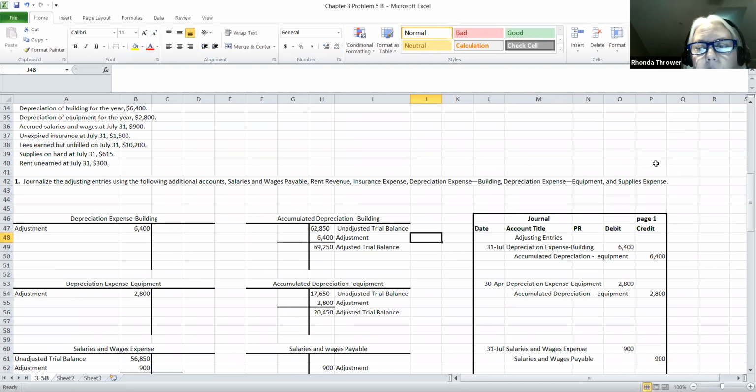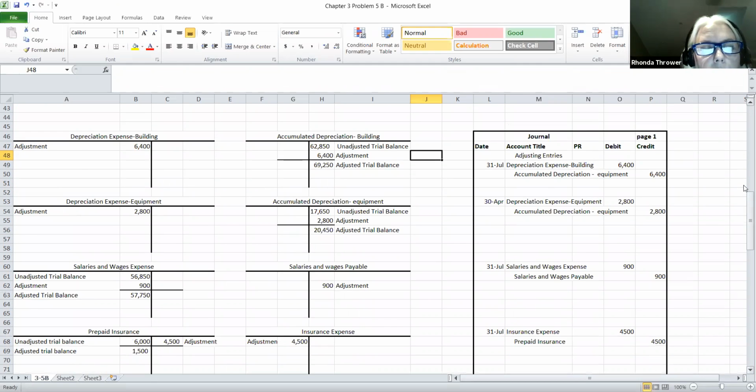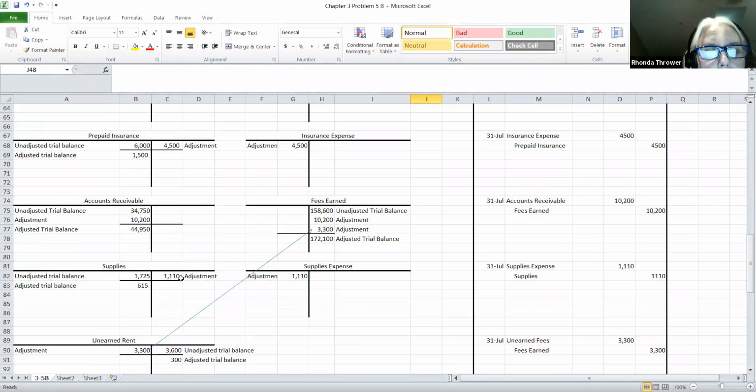That balance was $615. So to calculate the used amount of the supplies, we would take the beginning balance and subtract the ending balance from that. And that will leave us with the used portion of the supplies.